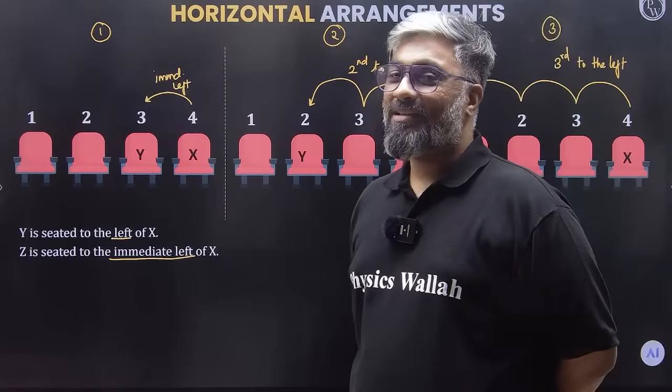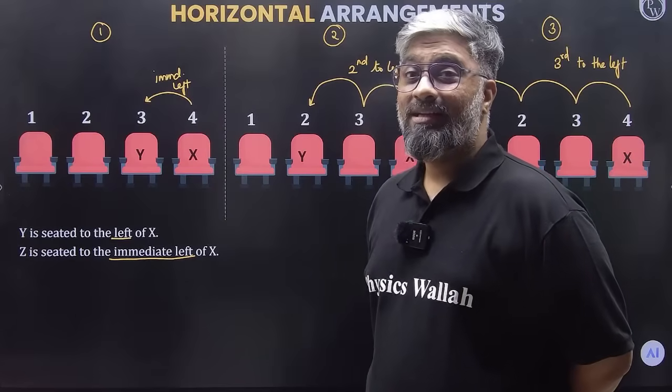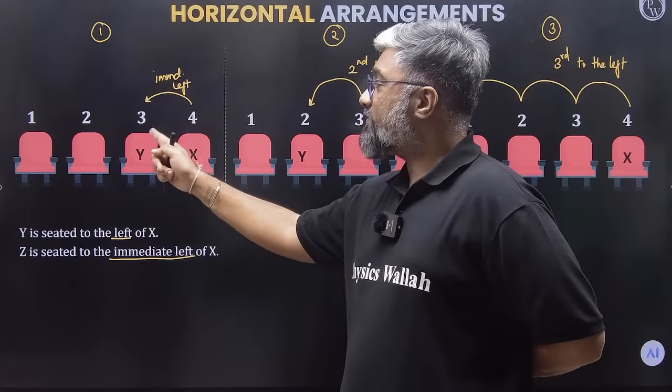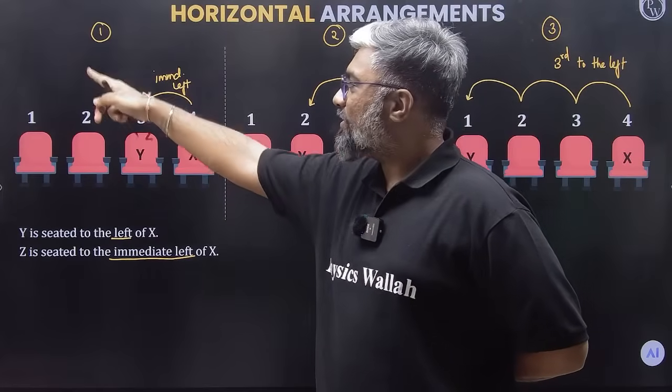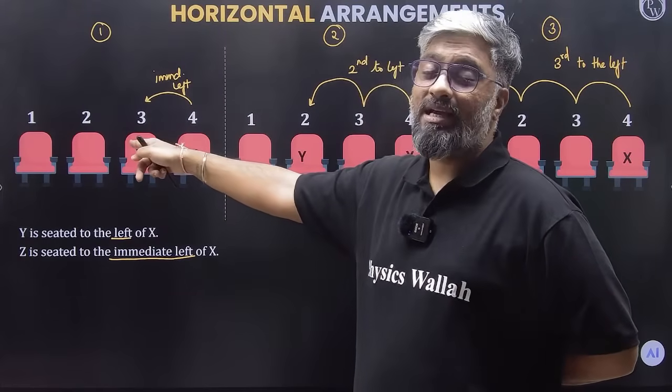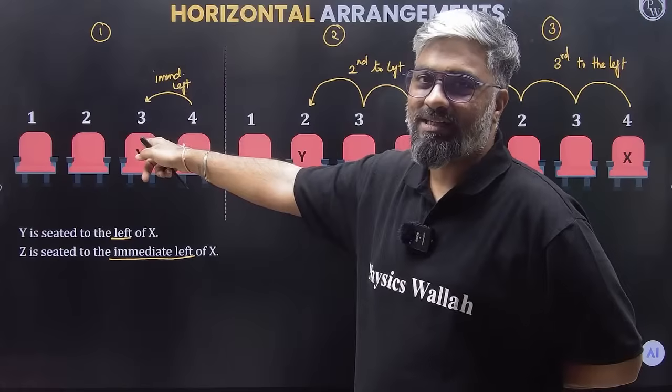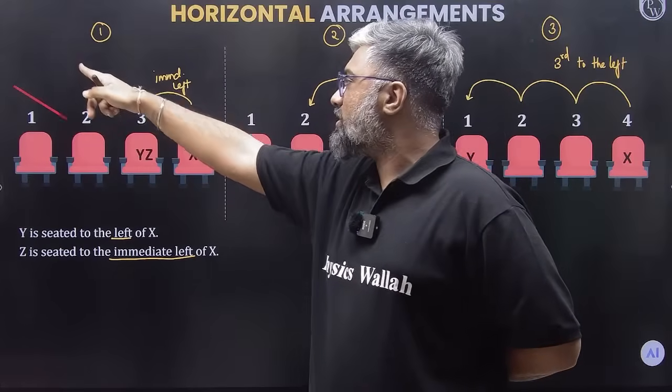Can I eliminate the first case? Yes. Why? Because immediate left of X is not Z. Y is seated here. So in this case Y and Z both cannot be seated on the same seat, right?